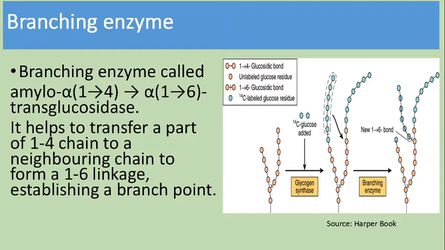Then the branching enzyme is also required. This branching enzyme is called amylo 1,4-1,6 transglucosidase. After glucose is added one by one to the preformed glycogenin and the chain is elongated with the help of glycogen synthase, the role of the branching enzyme is to transfer a few glucose residues, 5 to 6 residues, from one branch point to another branch point.